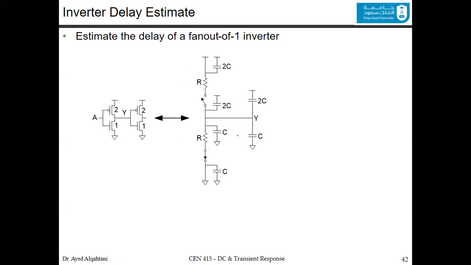Now, for simplification, we could say the following. This point Y could be either discharging or charging this node. We will assume that we are discharging whenever we can.